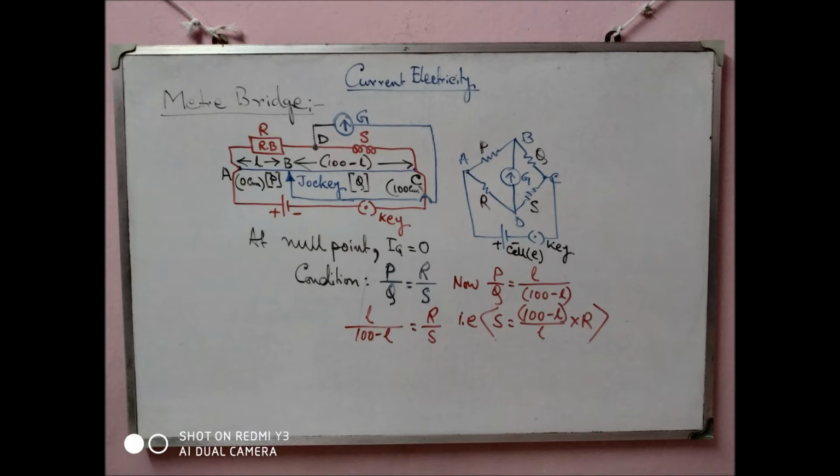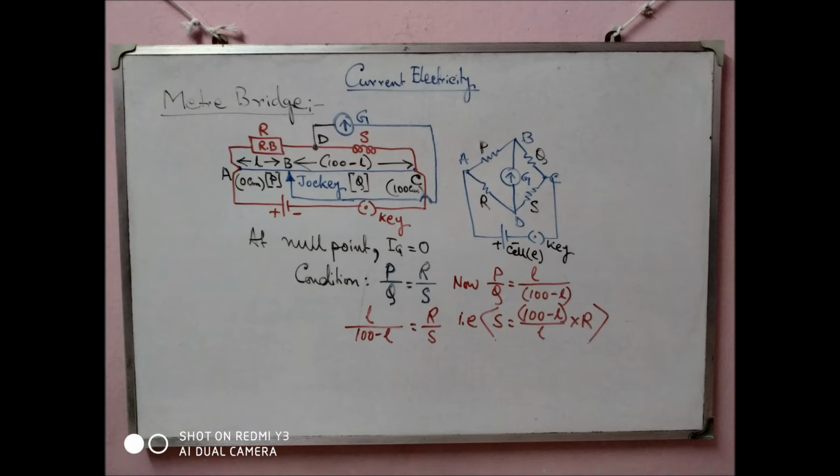It is a strategy. If I reverse the position of R and S, then the formula will change, that is S will be replaced by R, R will be replaced by S. But at that time if we make S the subject of the equation, then it will be L by 100 minus L into R. That is, the ratio will just change.